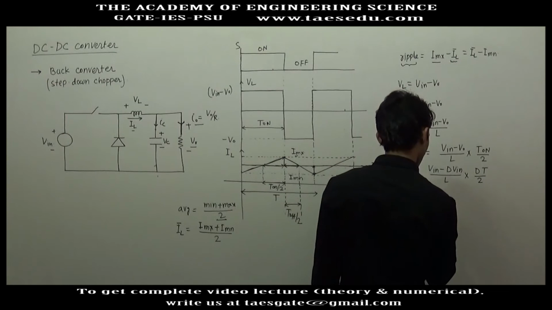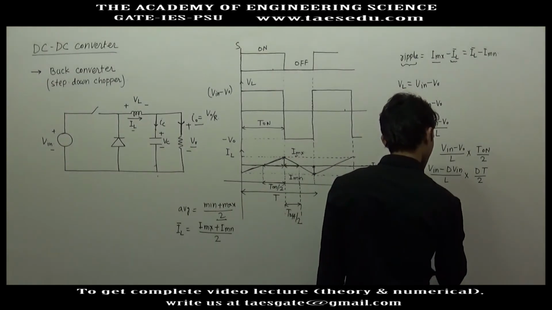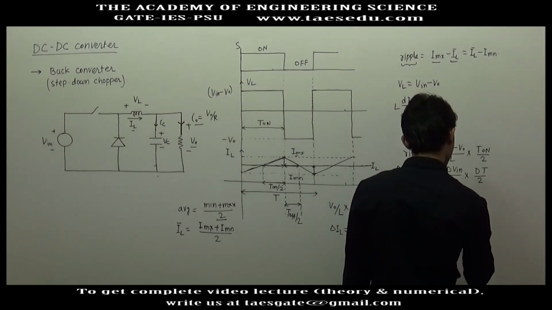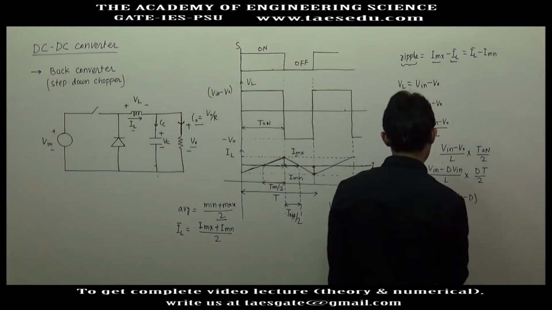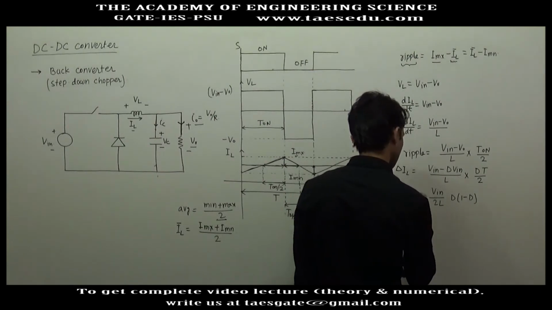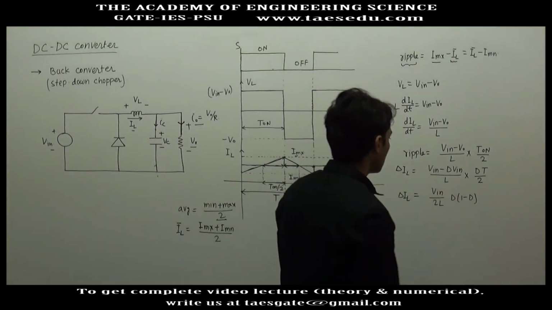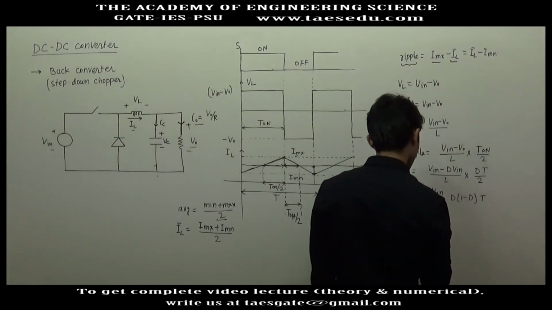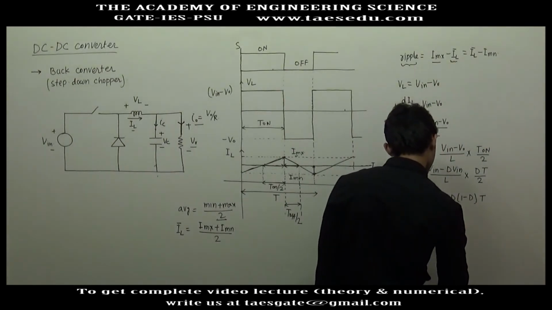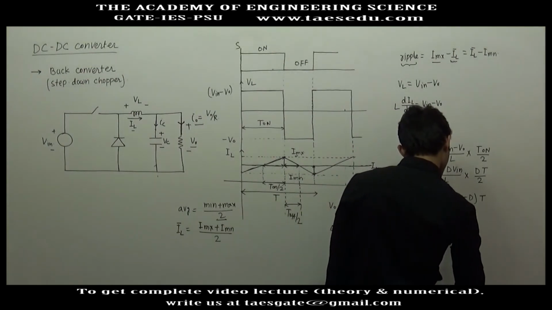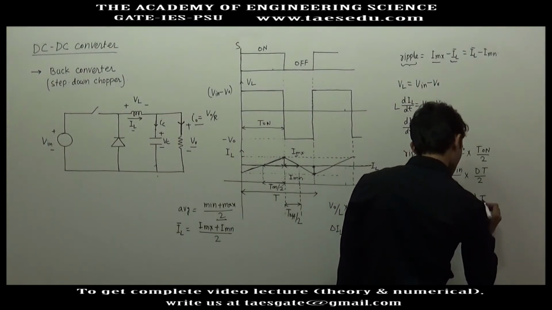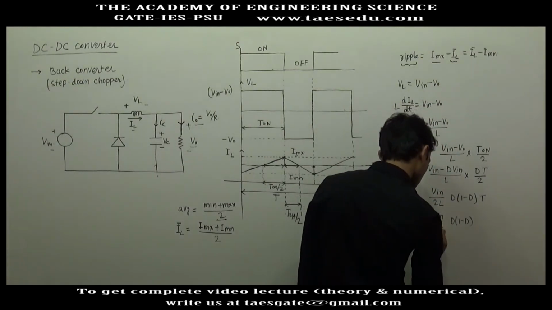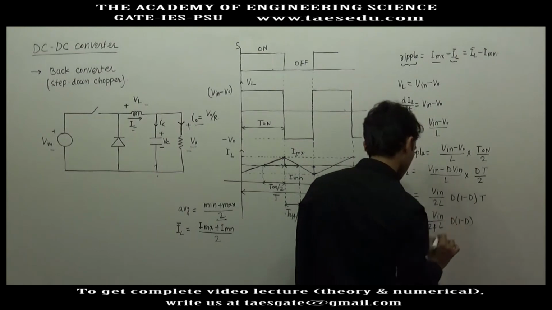So this will be V input divided by 2L into D into 1 minus D into T. T can be written as 1 by F, so this will be V input divided by 2 F L, D into 1 minus D.